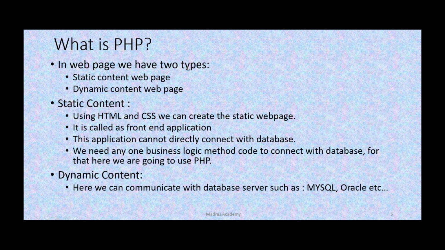In web pages, we have two types. One is a static content web page, another one is a dynamic content web page. What is a static content web page? Using HTML and CSS, if you create a web page, that web page is called a static content web page. It is only the front end, not a back end. Whatever information we have on that web page, we can see that information.